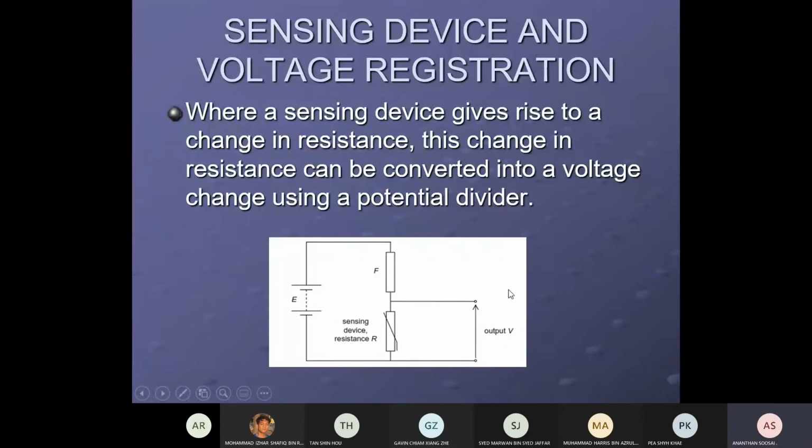This voltage is sent to the operational amplifier to check whether to switch the AC unit on or off. So the sensor's job is just to sense the value and change the voltage. The changing voltage will be sent to the processor to decide whether to switch the output device on or off.